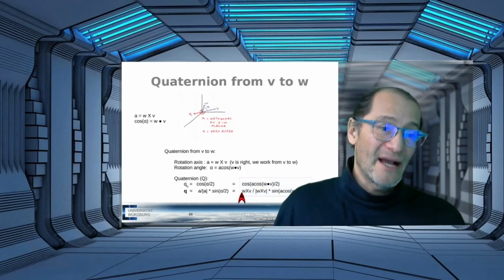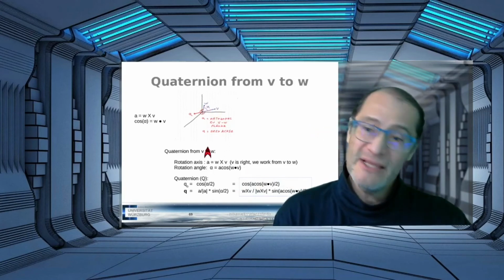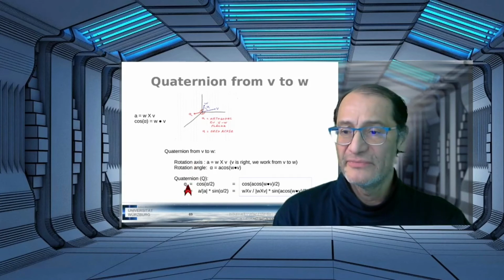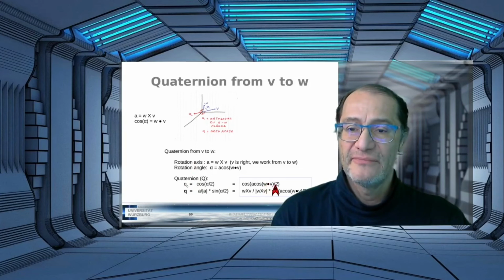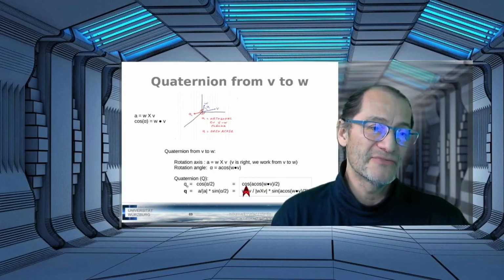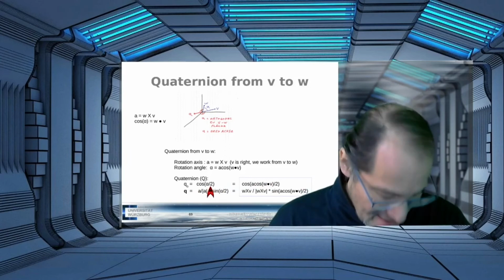And if we have two vectors, I'm going from V to W. Let's repeat how to build the quaternion. The Q0 will be what we said before: the scalar product of these two vectors, the arcos cosinus, divided by 2, and then I make the cosinus of this. And this will be the cosinus of half alpha.